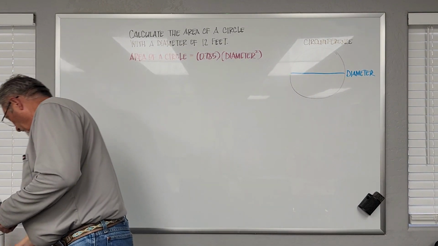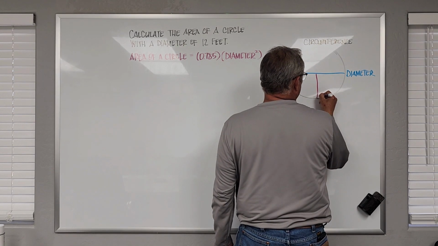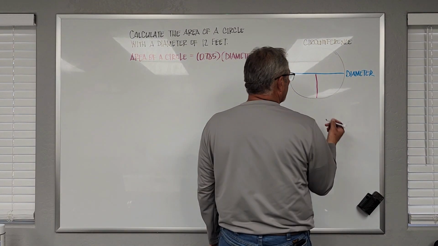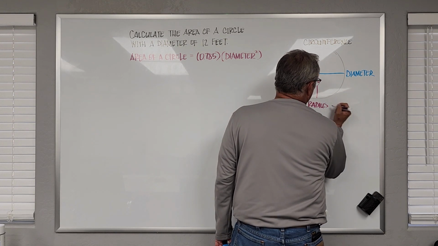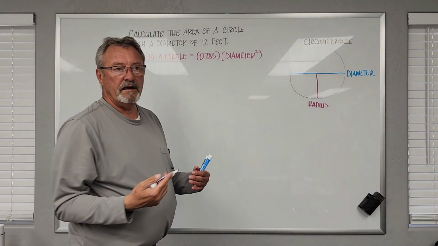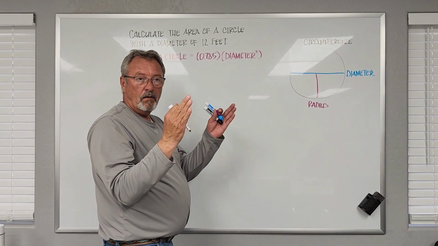And then when you go from the very middle to the furthest point, splitting the bottom part in half, you have the radius. So when we talk about a pipe that's 8 inches in diameter, it's how far apart is it? How wide is it, basically?